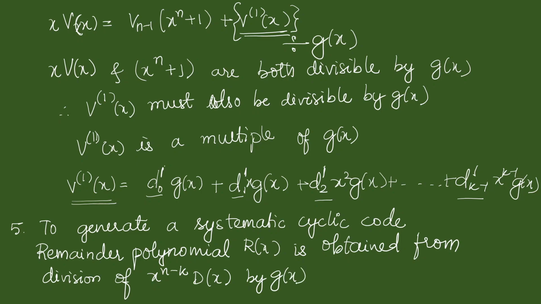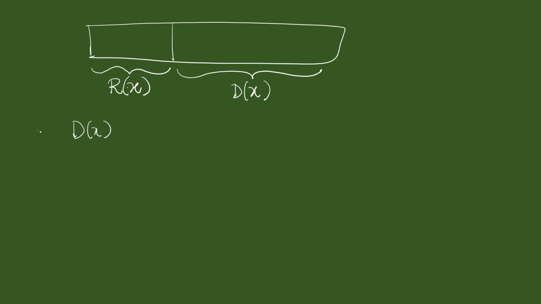That means we are going to divide the n bit code word into two parts again. We are going to fix the parity bits at the beginning followed by the data bits. The parity bits will be given by the remainder polynomial, and the rest would be the data polynomial d of x. So we first multiply the data polynomial by x raised to n minus k, and divide it by g of x.